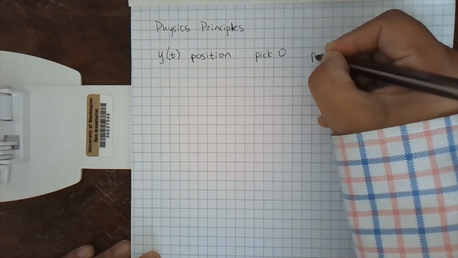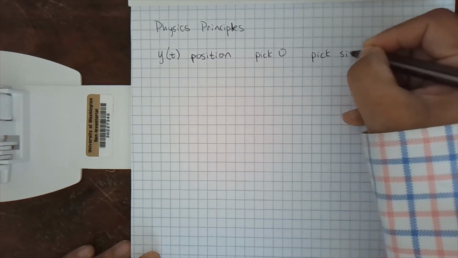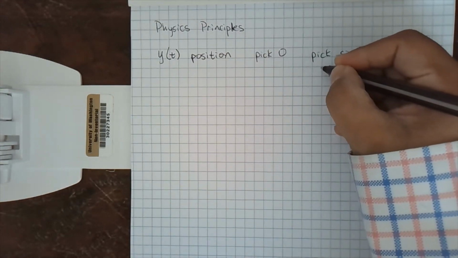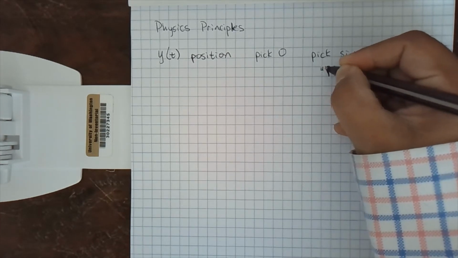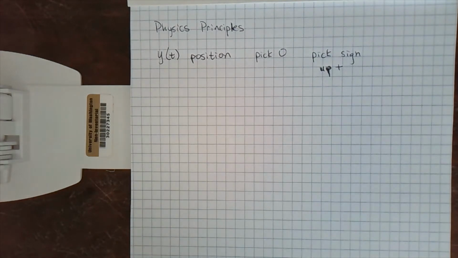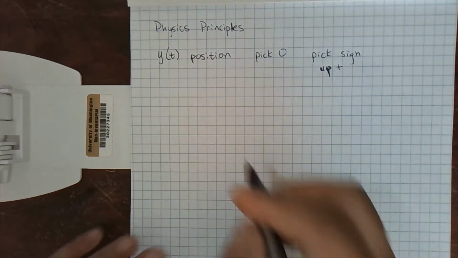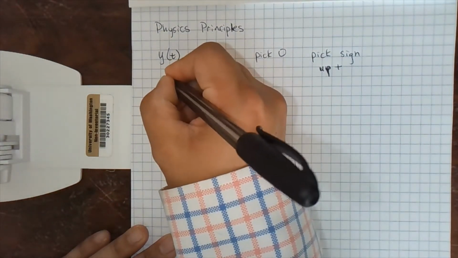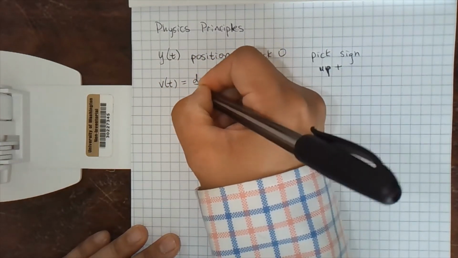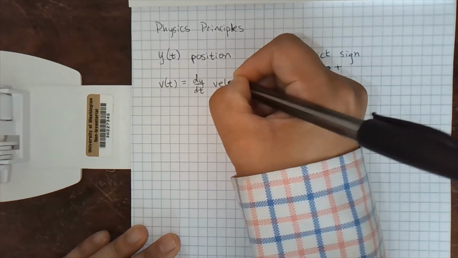And then we need to pick sign as well. So almost always up is positive. Up. But there might be a reason to pick up as negative, so be aware of that. Then v of t is our change in position, and we call that velocity.